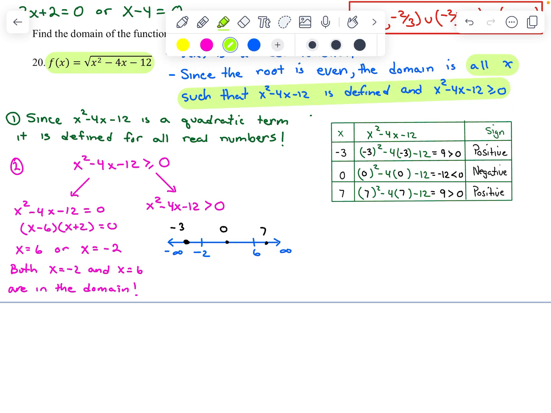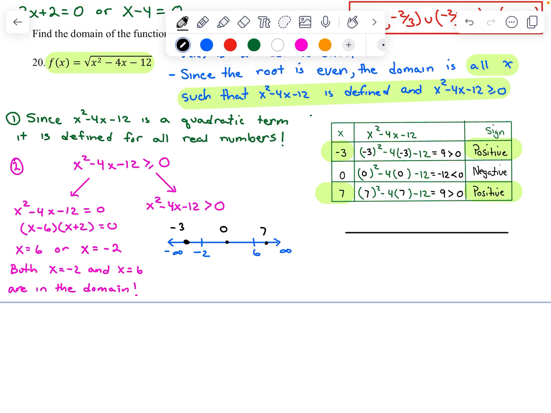After all the testing, I've noticed that if x is less than negative 2, then x squared minus 4x minus 12 is positive. If x is greater than 6, then x squared minus 4x minus 12 is also positive.